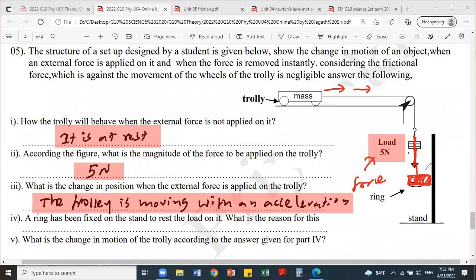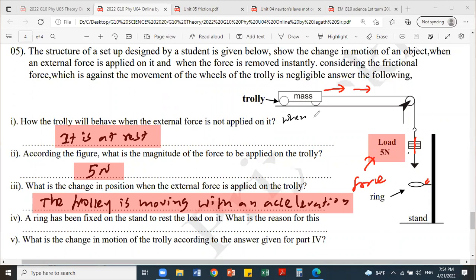That means no tension, no force exerted on the trolley. When the load landed on the ring, external force is removed. So to remove the external force applied, why is this ring fixed?